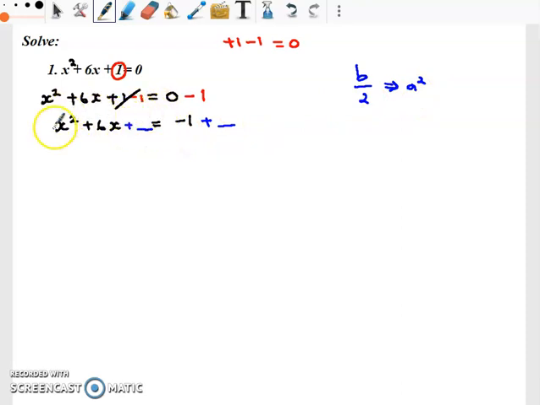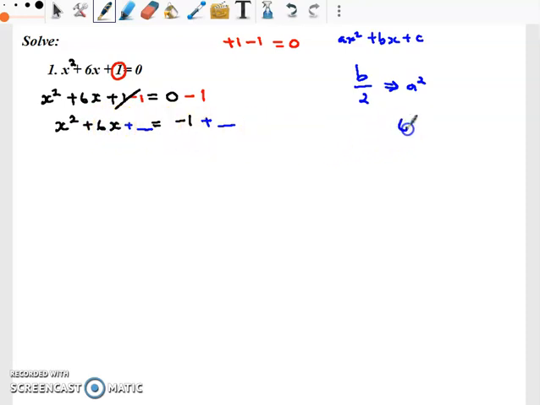Please remember, based on the standard form ax squared plus bx plus c, our b coefficient in this case is 6. b is the coefficient for the x, and in this case 6 is beside x.